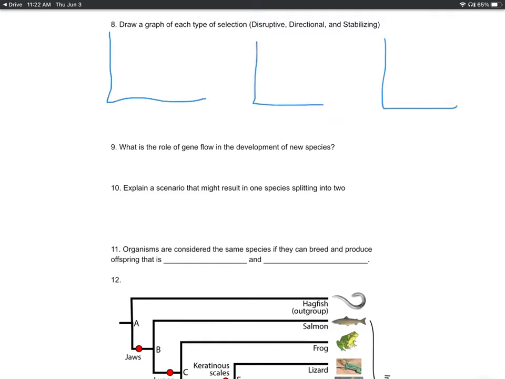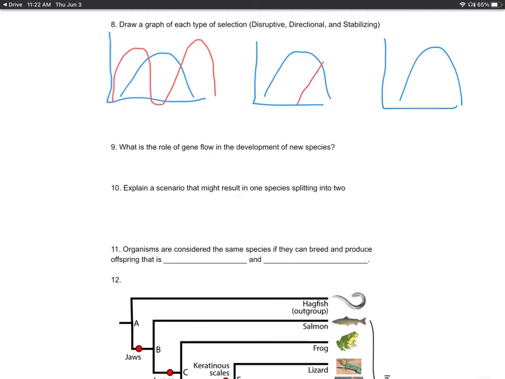We'll do the three. So disruptive selection, we'll all start with sort of a bell curve. In disruptive selection, that's when the two extreme traits are favored, and the individuals that are more average are less likely to survive.